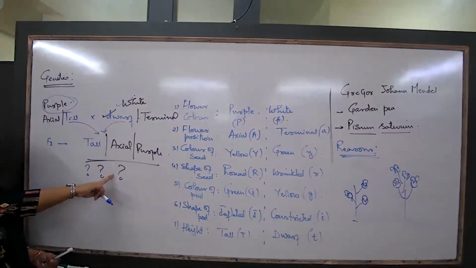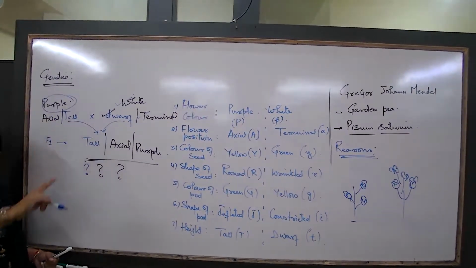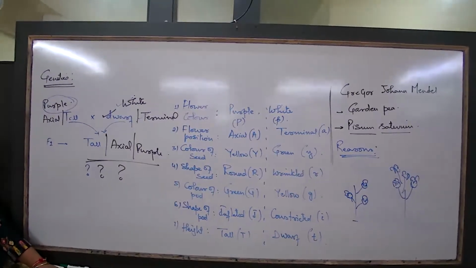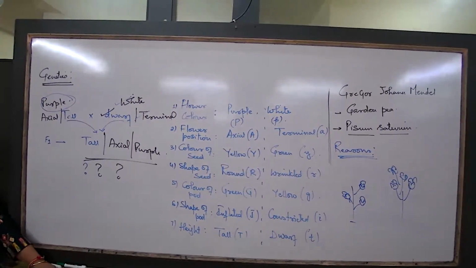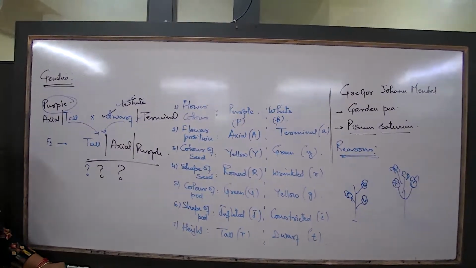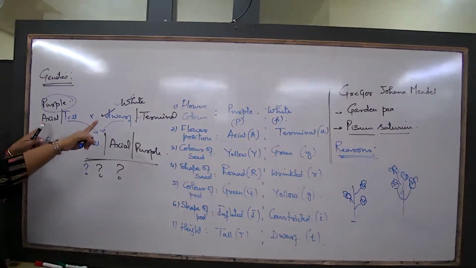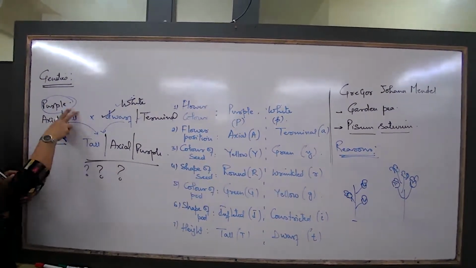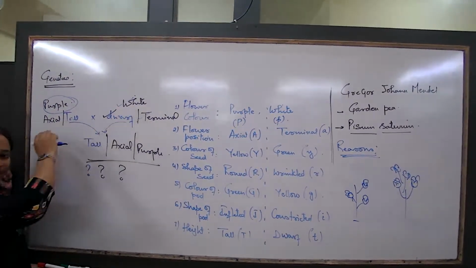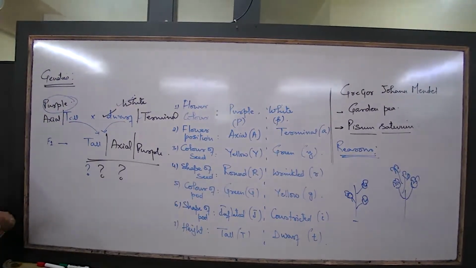Never it was dwarf. All plants were tall every time. So ये काफी सालों तक he kept on doing these experiments with different characters. But result वही था. When you take two plants, the F1 plant will only express one parent. This set of traits will never be expressed.